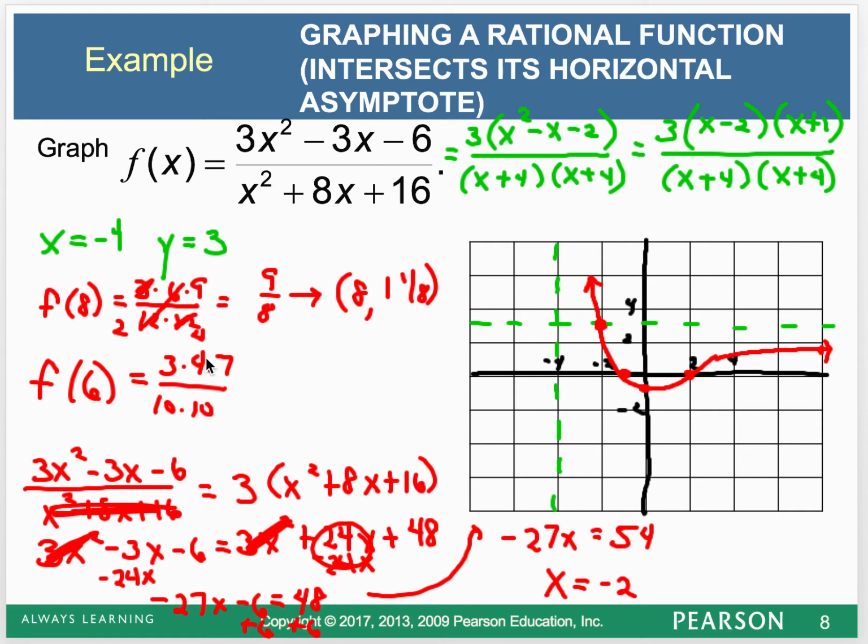Any that have common factors, I could simplify. So that's going to be 6 times 7, 42 50ths. I could have done that 2 again. So 42 50ths, 21 25ths. So at 6, 21 25ths, you're nearly at 1.